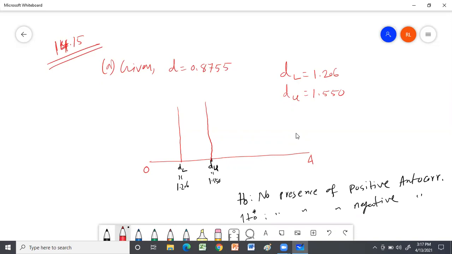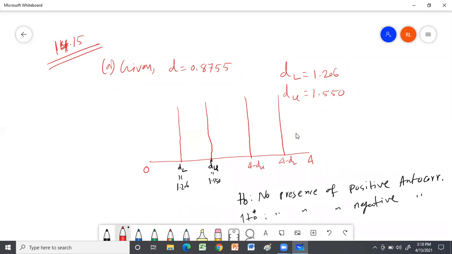And from this upper limit to this region, which is 4 minus dU, and this one is 4 minus dL. Okay.